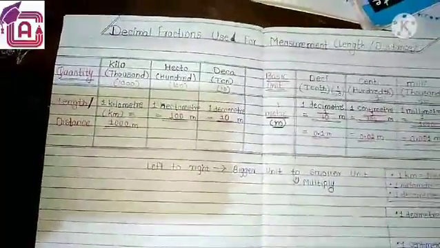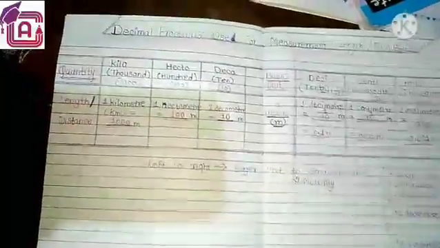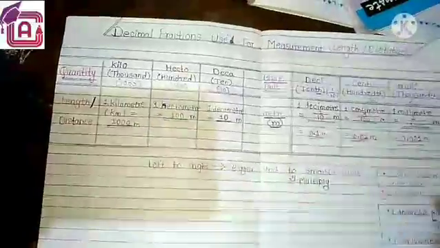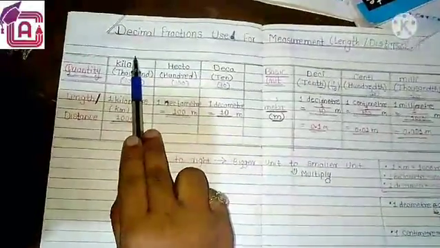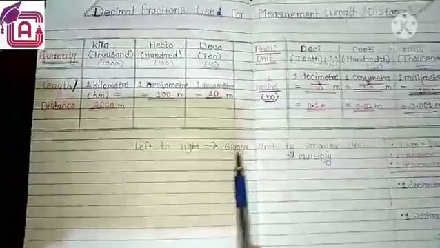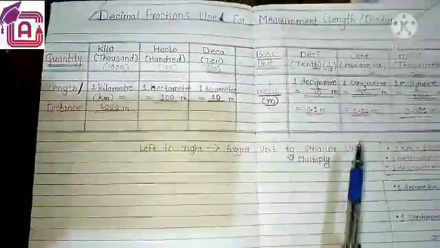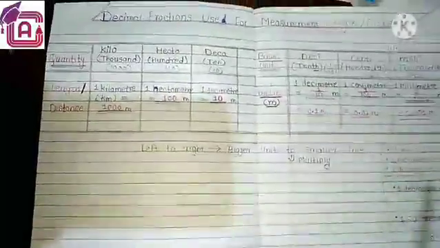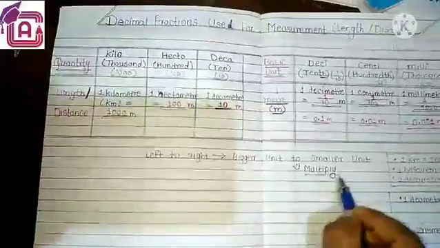So what you have to always remember: when you are going from left to right, the units are decreasing. So bigger to smaller. When you are going from left to right, that means you are going from a bigger unit to a smaller unit. It becomes small, and you have to perform the operation of multiplication.